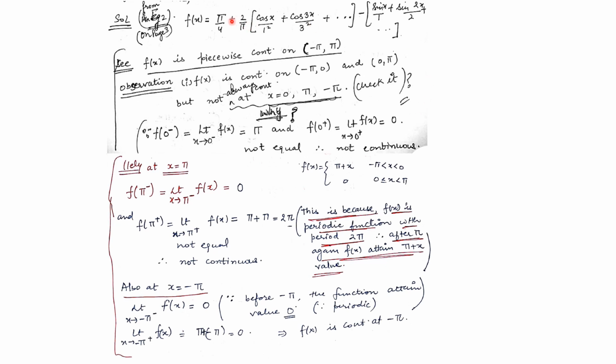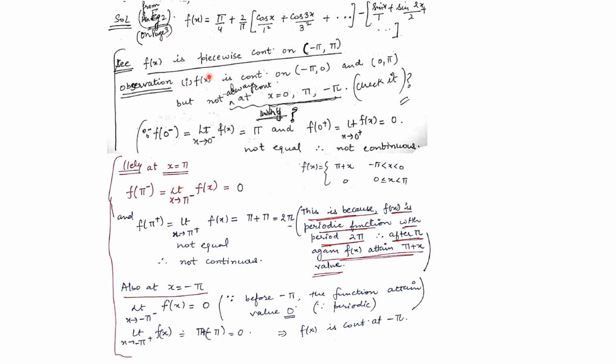Okay. Now just see, on the right hand side we have a series and on the left hand side we have a function. If we substitute x to be 0 in the right hand side, our series converges to f at 0 minus, that means left limit at 0 plus right limit at 0, divided by 2.